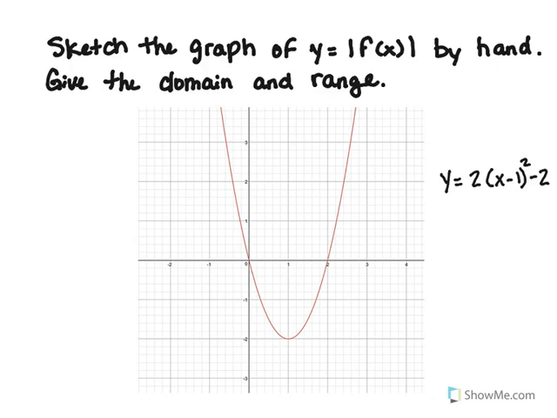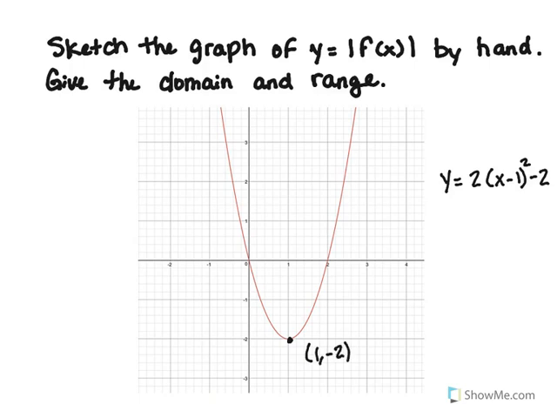Now it says sketch the graph of y equals the absolute value of f of x by hand and give the domain and range. So in the last part, we learned that we're going to take each x-coordinate and it's going to be the same. And the y-coordinates that are below the x-axis, we're going to make them positive because they were negative before. So this point down here at the bottom is the point 1, negative 2.